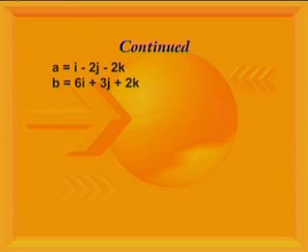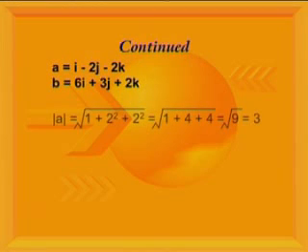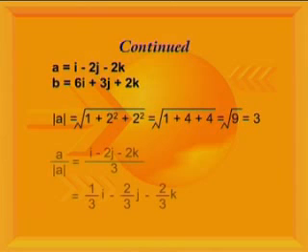The scalar component of the vector B in the direction of A, if we have B equal to 6i plus 3j plus 2k, and A equal to i minus 2j minus 2k: the unit vector along the direction of A will be obtained by dividing the vector A by its magnitude.